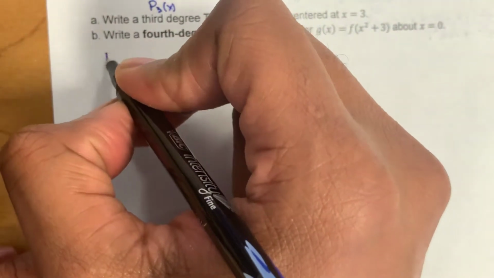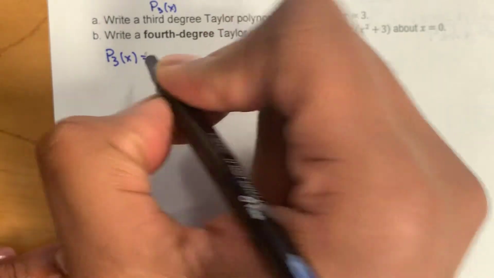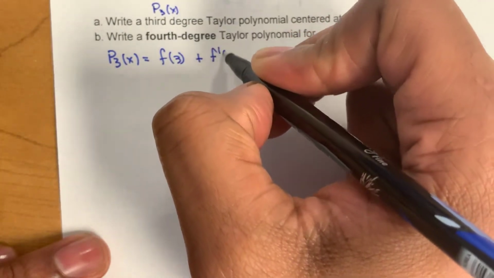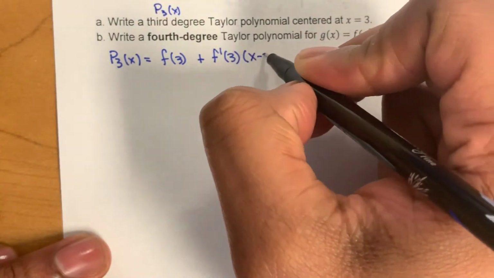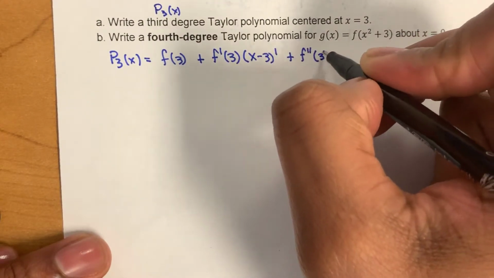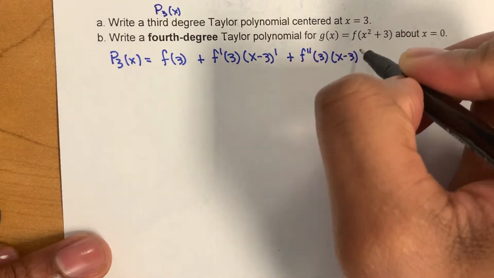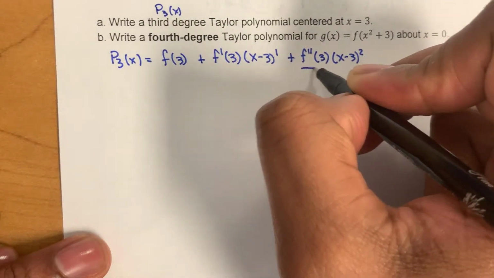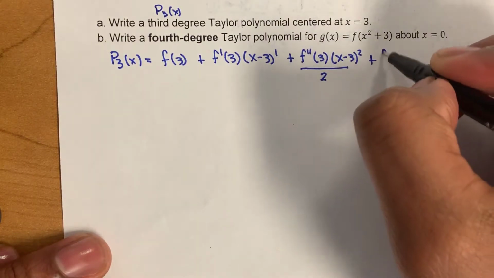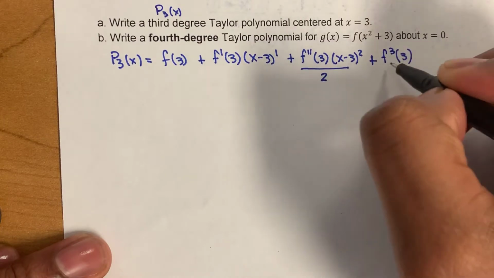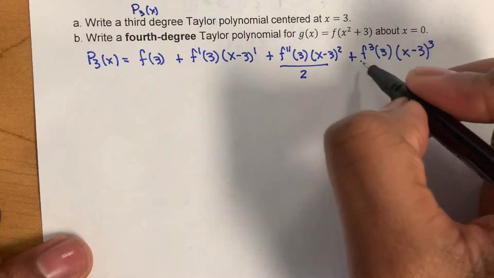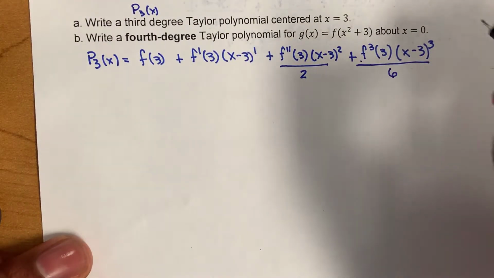So we're going to have P3 of x equals f of 3 plus f prime of 3 times x minus 3 to the first, plus the second derivative evaluated at 3 times x minus 3 squared over 2 factorial, which is 2, plus the third derivative evaluated at 3 times x minus 3 cubed over 3 factorial, which is 6.